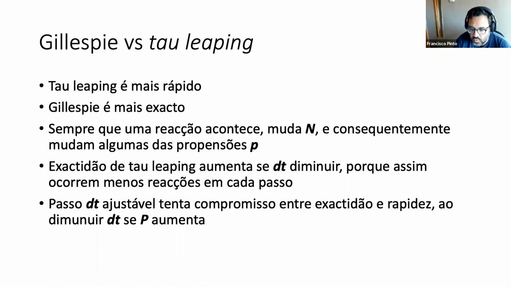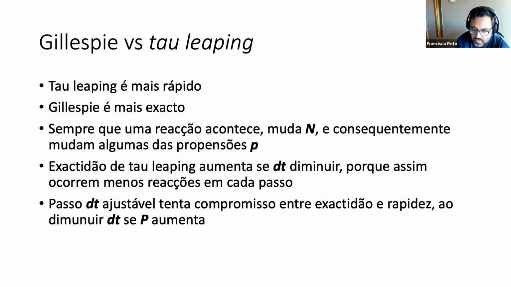And one way to try to adjust for that is using, in the tau-leaping, an adjustable time step. So as you compute the propensities, if the sum of the propensities is very high, it means that if you use a large time step, a lot of processes will occur simultaneously, and so you have more error by using the same propensity functions, although a lot of reactions are occurring.